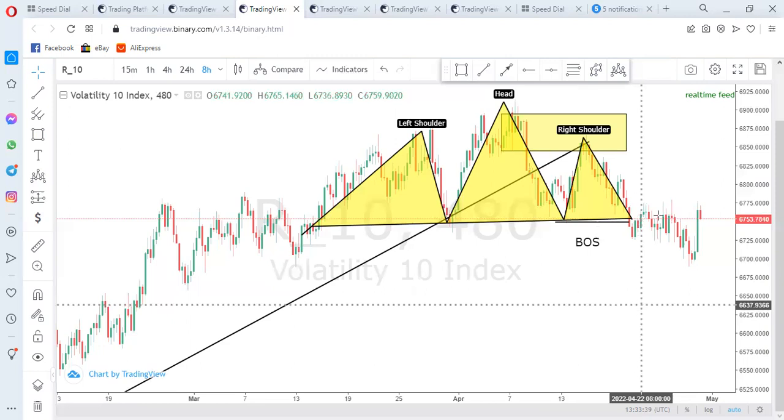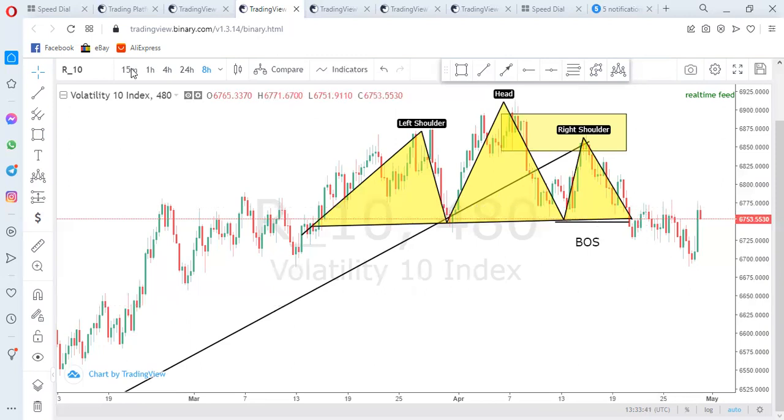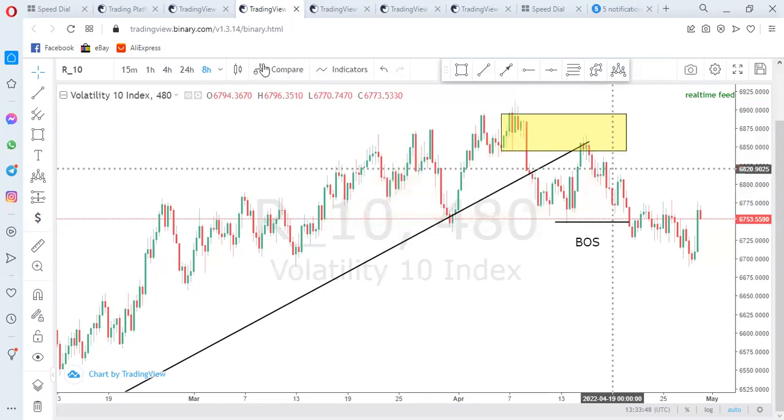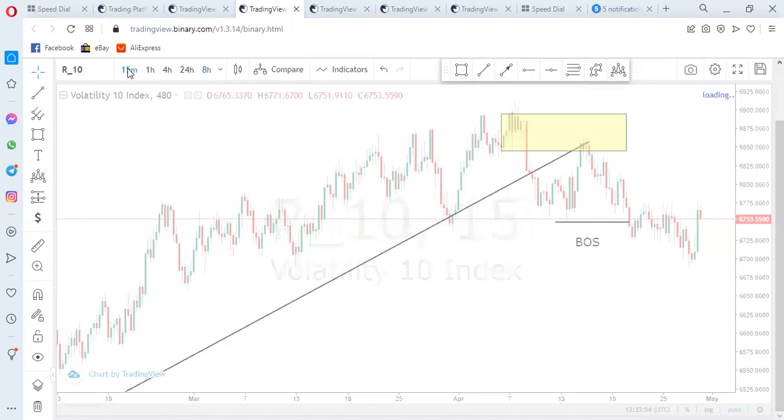So now let me take you to the entry time frame. Let me remove this head and shoulder pattern so that you can see the 15 minutes time frame clearly. You always know I majorly use the 15 minutes time frame for my entry, irrespective of where my analysis is coming from.